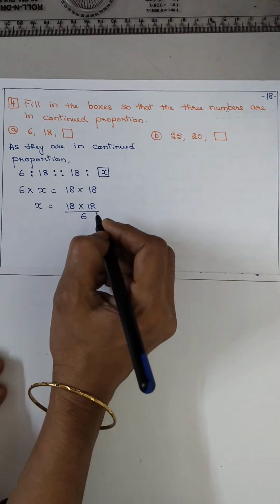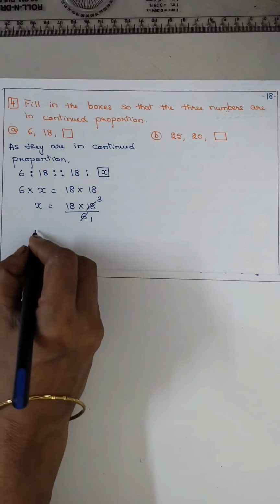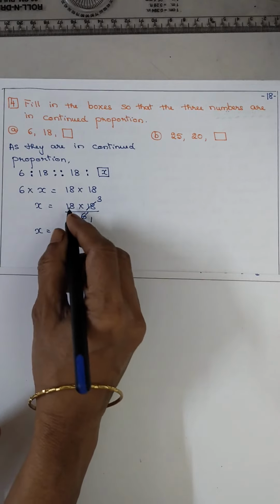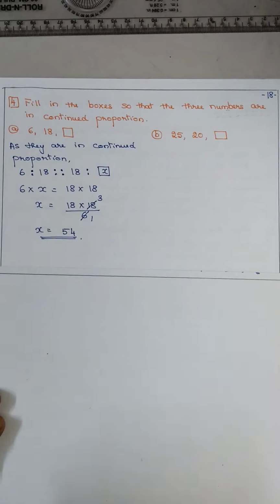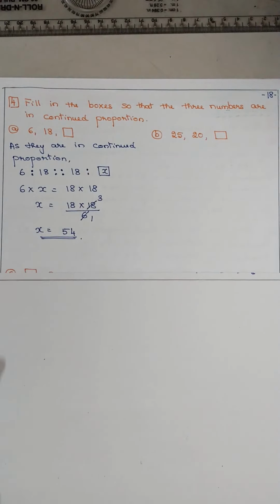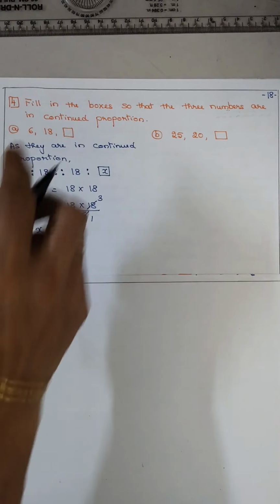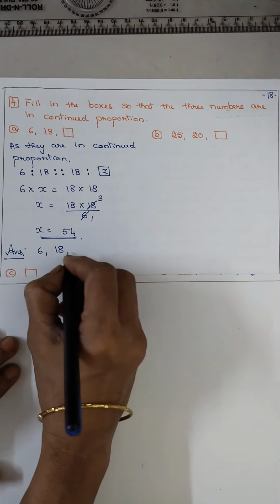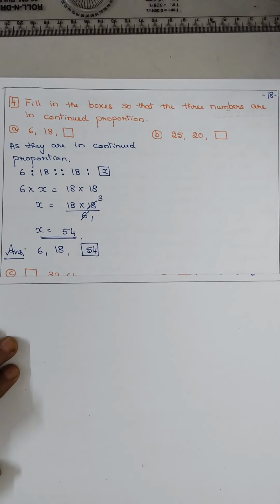Multiplication becomes division. 6 1s are 6 3s are 18. So x is equal to 3 8s are 24, 3 1s are 3 plus 2, 5. So answer, now we have to write according to the question. 6, 18 and box is 54.